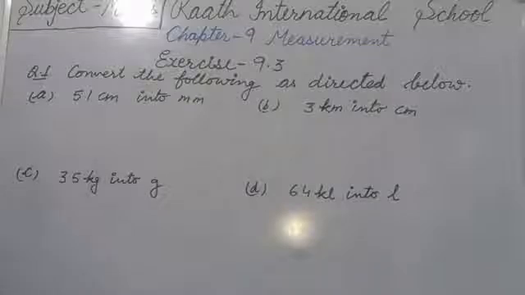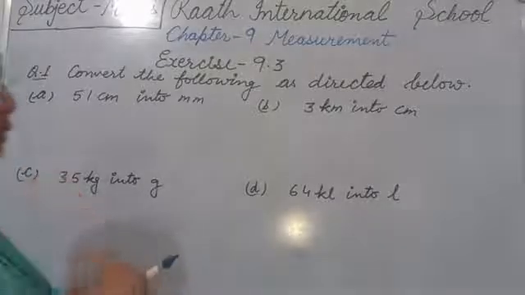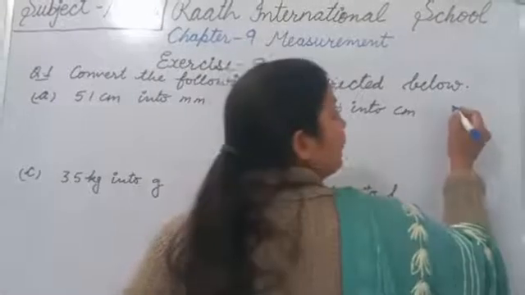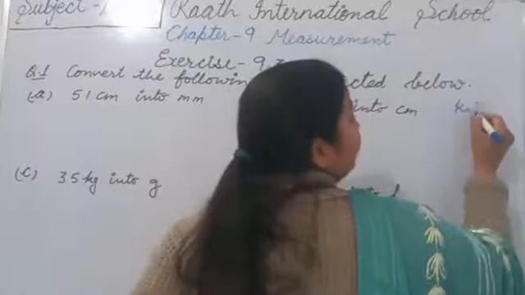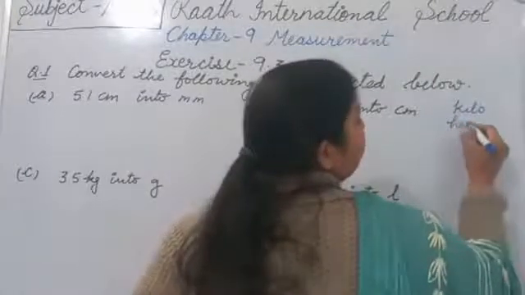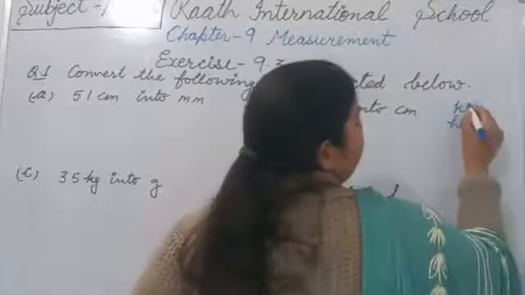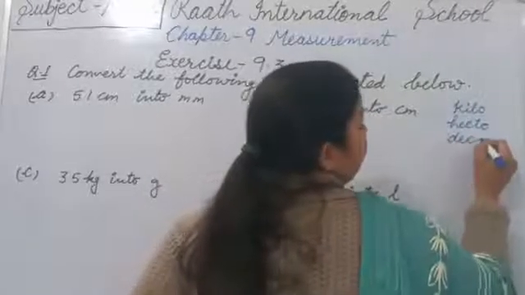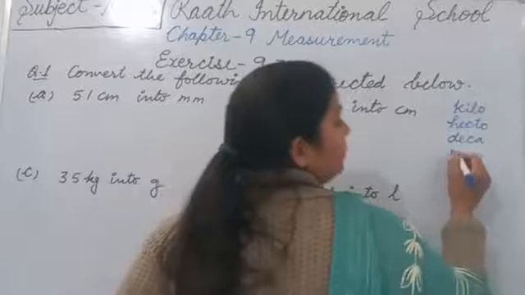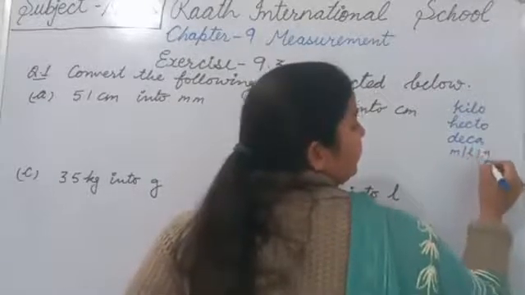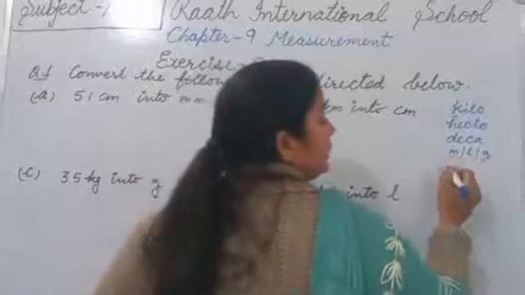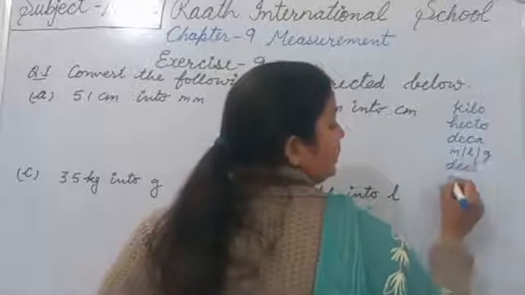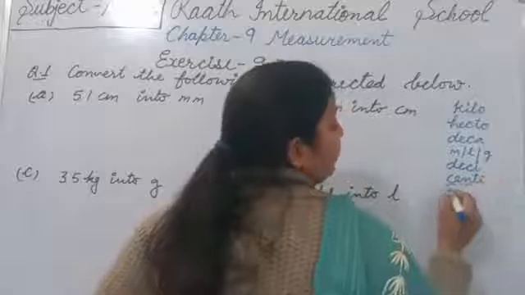So whenever different units are given, first of all you write the sequence of the units in your rough notebook. Either you should have learned it, or if not, you can write the sequence in your rough notebook. First of all we have kilo, then hecto, then deca, then the standard unit, whatever it is, meter, liter, gram, whatever is there, then deci, centi, and in last we have milli.